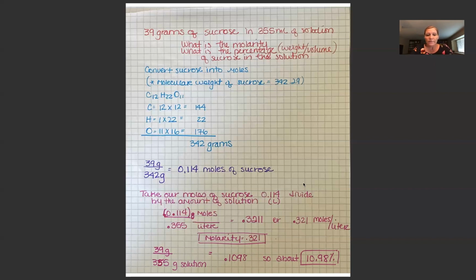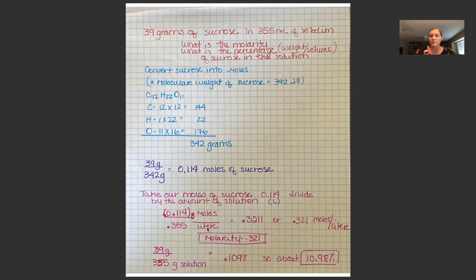So we have to take our moles of sucrose and divide it by the amount of the solution that's in liters. And so we have 0.114 moles, and we have up here 355 milliliters. We're going to convert that into liters because molarity is moles per liter. And so we convert it to liters, and that becomes 0.355 liters.